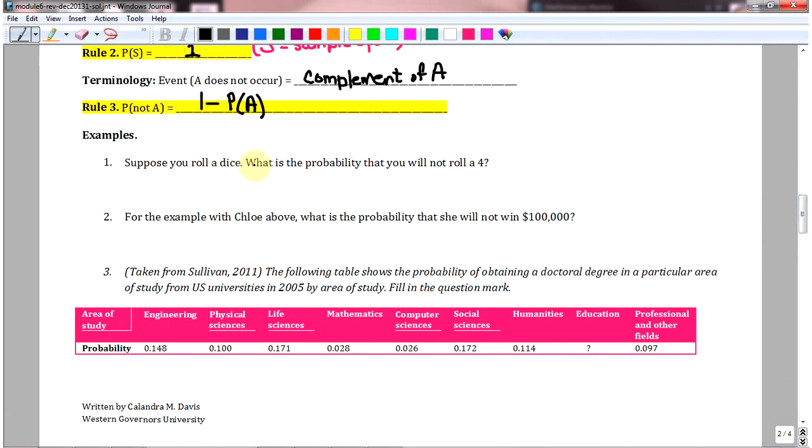Suppose you roll a die. What is the probability that you will not roll a 4? Often when it's stated in the negative, it's a little bit harder to digest. So we can use our complement rule and rewrite this. The probability that we do not roll a 4 is the same thing as 1 minus the probability that we do roll a 4.